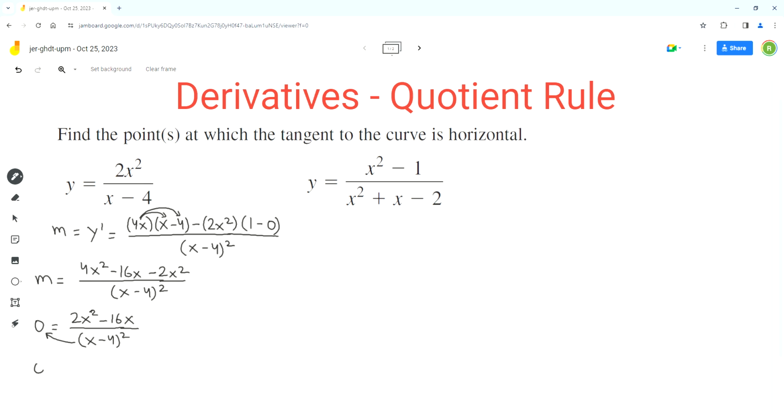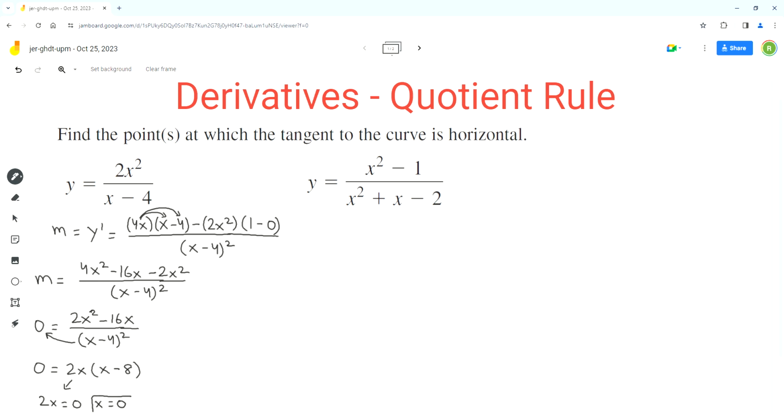So we get 0 equals, and in the numerator we can do common factoring. So we can factor out 2x. So we get 2x times x minus 8. Now we have to analyze the two cases. The first case is 2x equals 0, from which we just get x equals 0.